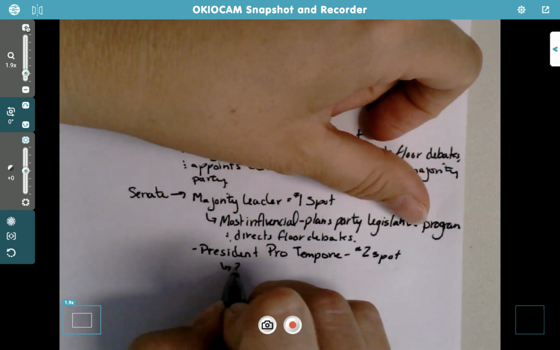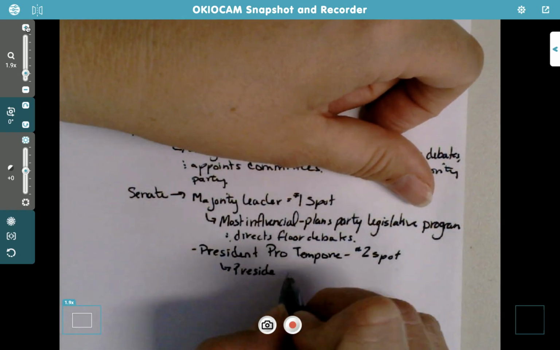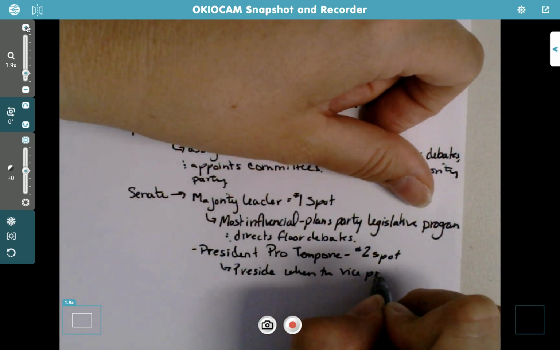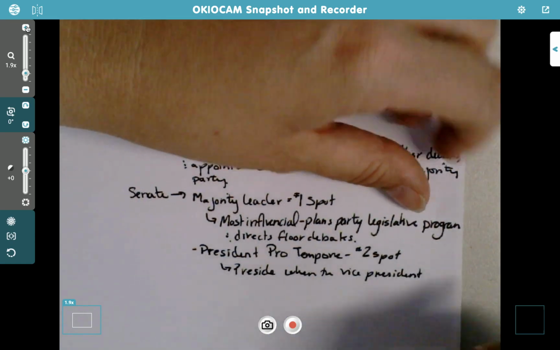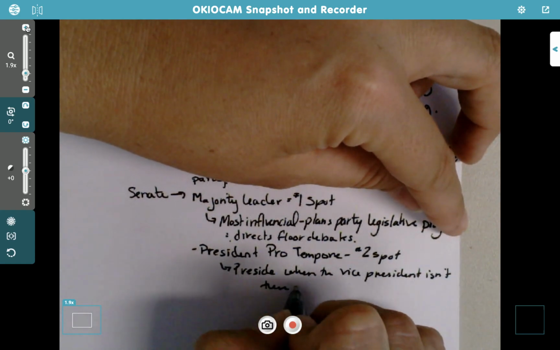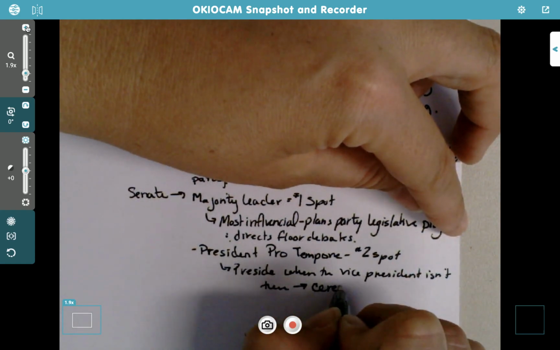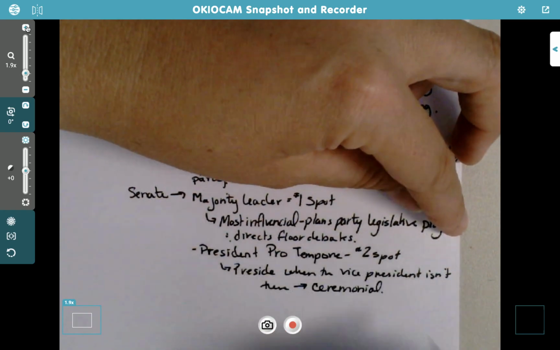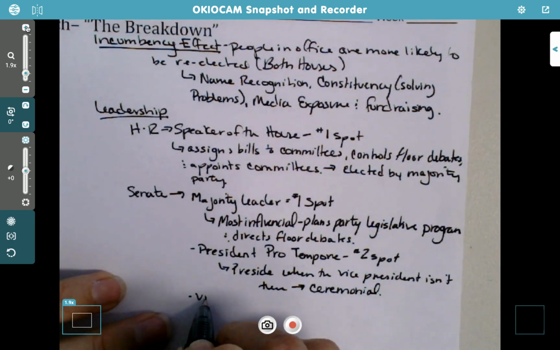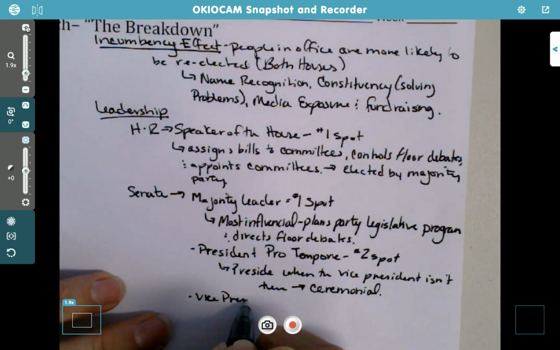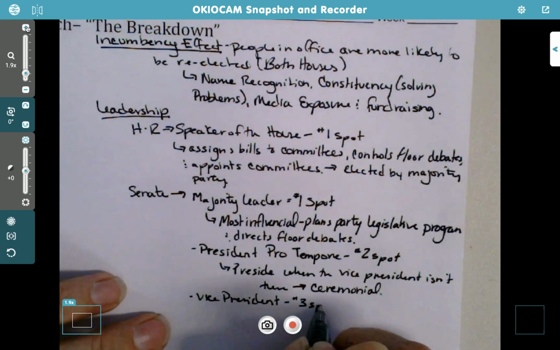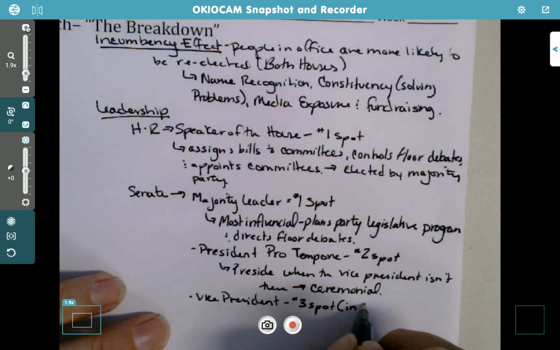And they preside when the vice president isn't there. It is ceremonial. Then you have the vice president. Number 3 spot. And in parentheses, in Congress.